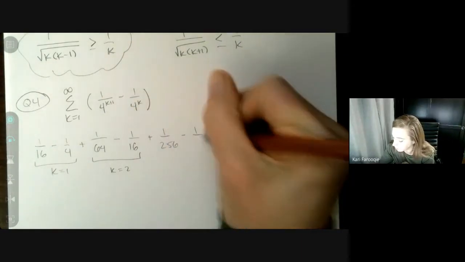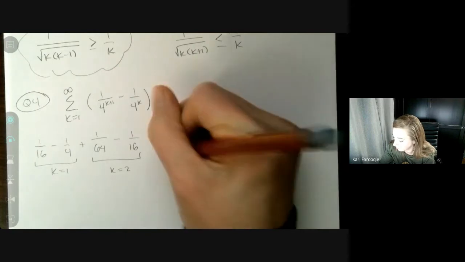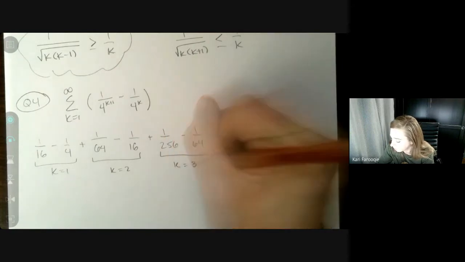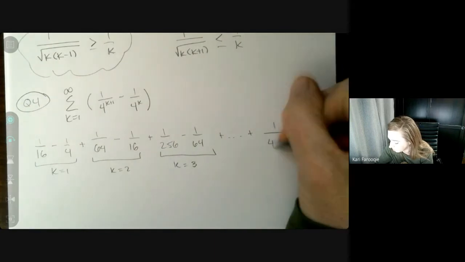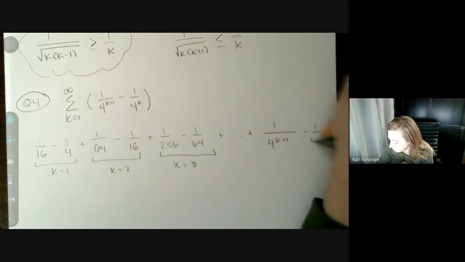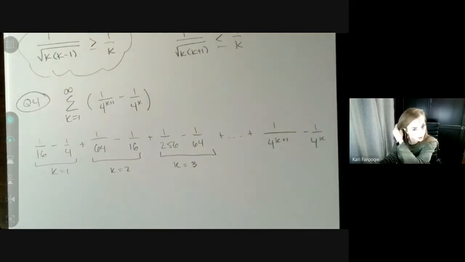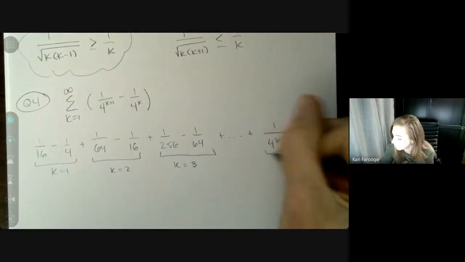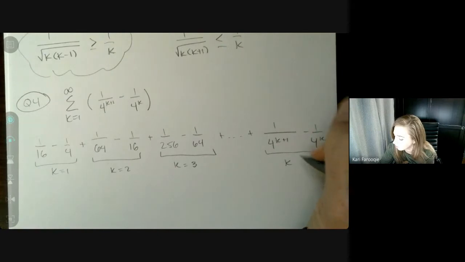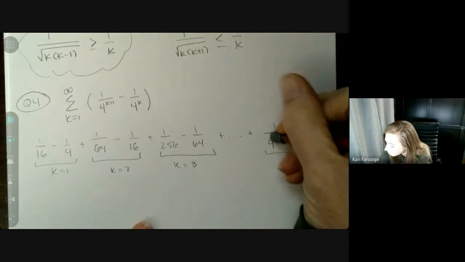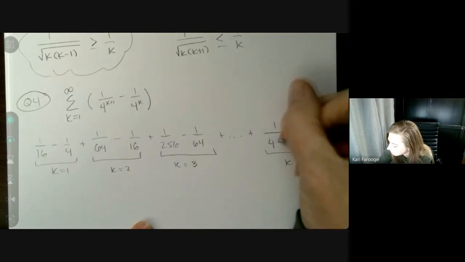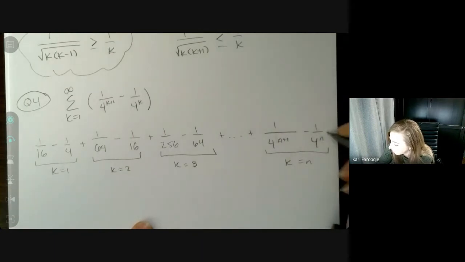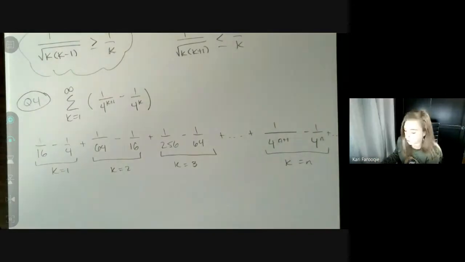And then 4 cubed. And then you could just keep going and going, and eventually you'd end up at the k plus 1 and the kth, or I'm sorry, the kth term. I didn't mean to say the kth plus 1 term. If you'd like, you can just say k equals n and then chop it off there. And then just indicate that that behavior continues as you proceed down the line.